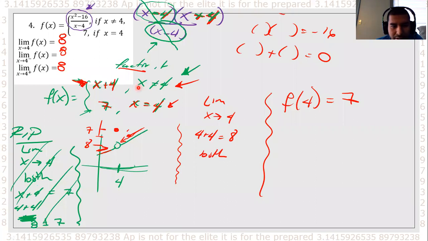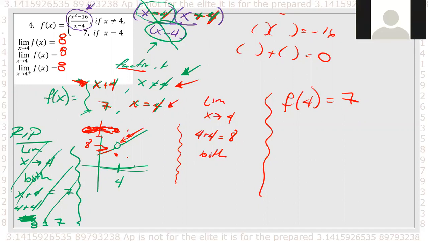But all I want you to know is that whatever has just the function itself is going to help you find both left and right. The other one will just help you find exactly at 4, the exact height. I tried drawing this function, but in reality, 7 was down here, not here. But ideally, it's just the parent function.